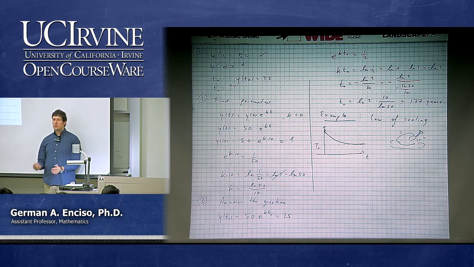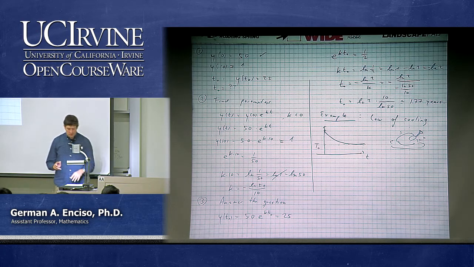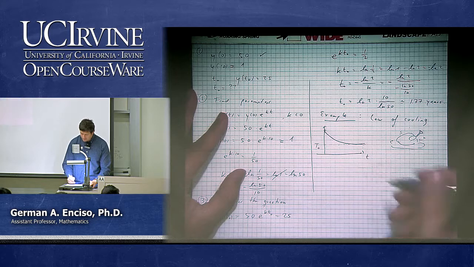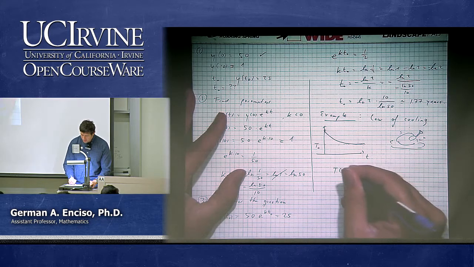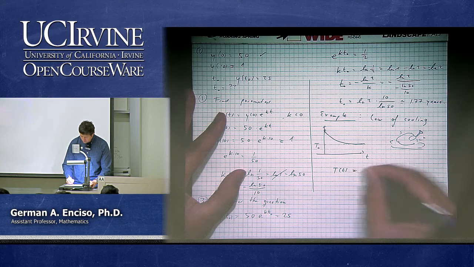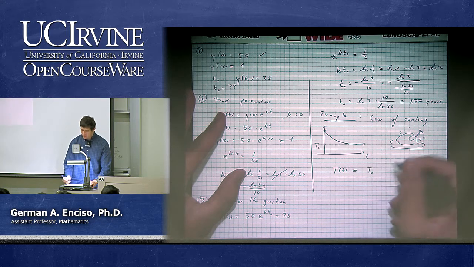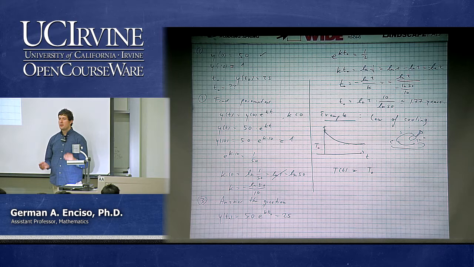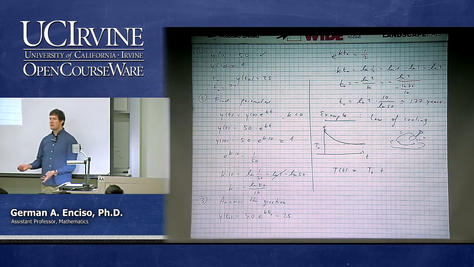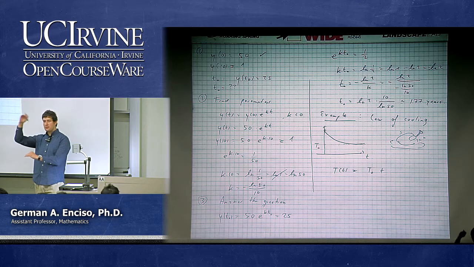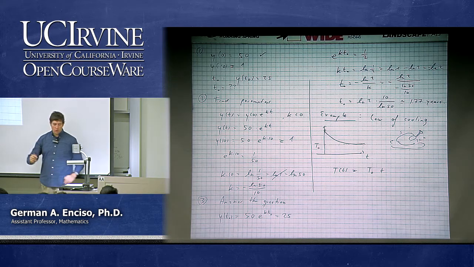In practice, the temperature of the room is going up and down, and it's probably going to do it anyways, but in math, you say the temperature over time is equal to T0, the temperature in the room, plus something that decays exponentially. This differential is becoming smaller and smaller over time.